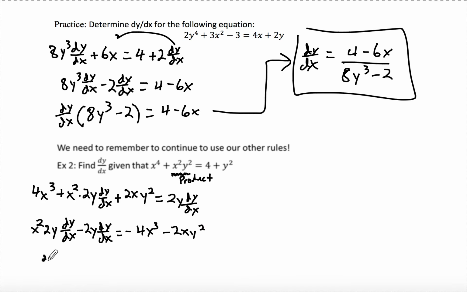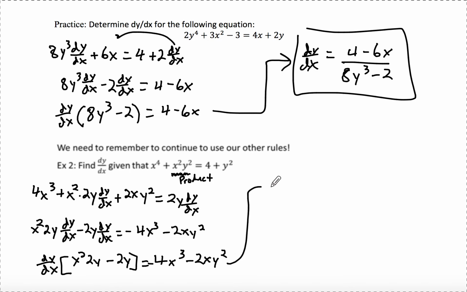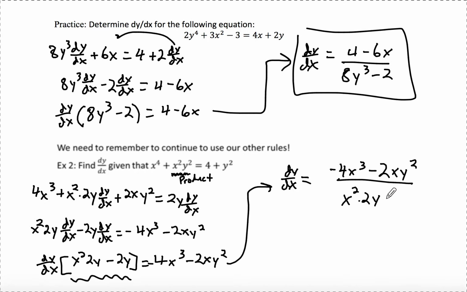I'll factor out my dy dx. That'll give me x squared 2y minus 2y equals negative 4x cubed minus 2xy squared. So dy dx, when I divide by my quantity here, will be negative 4x cubed minus 2xy squared over the quantity x squared times 2y minus 2y.